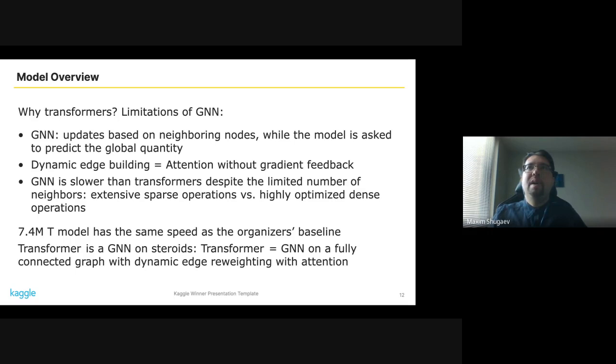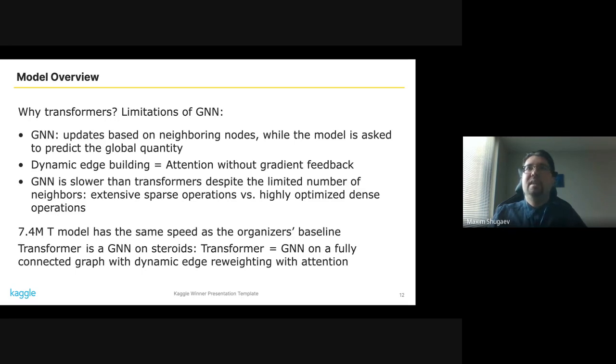Finally, at first sight, it may seem that graph neural networks should be more effective than transformers because they consider only a small, very limited number of neighbors. However, in reality, it appears that graph neural networks are slower because of the extensive use of sparse operations and data rearrangement in comparison to transformers, which utilize highly optimized dense tensor operations.